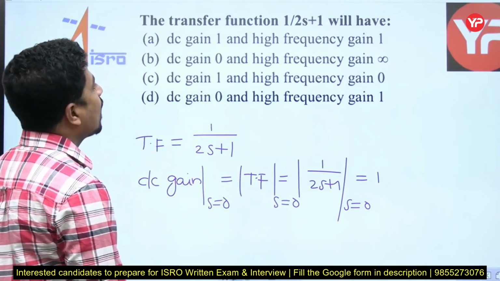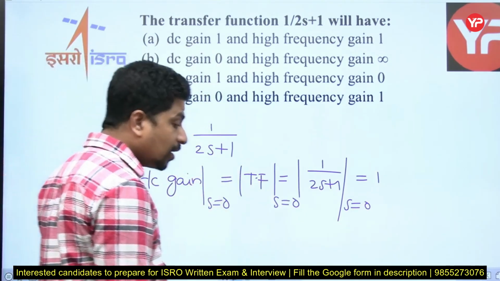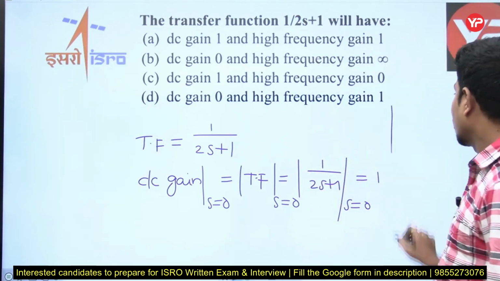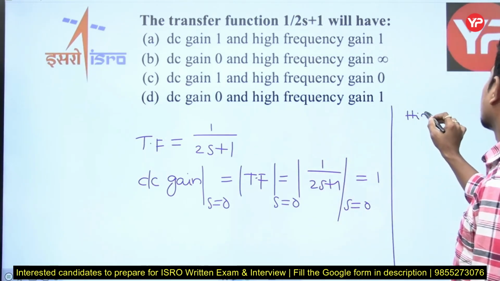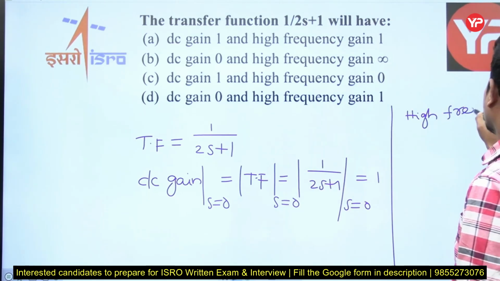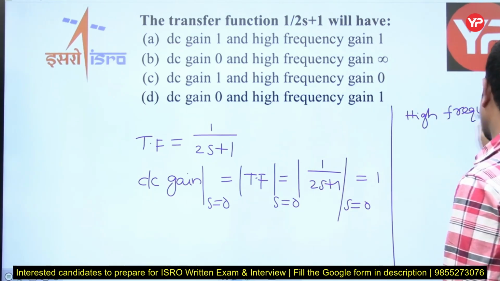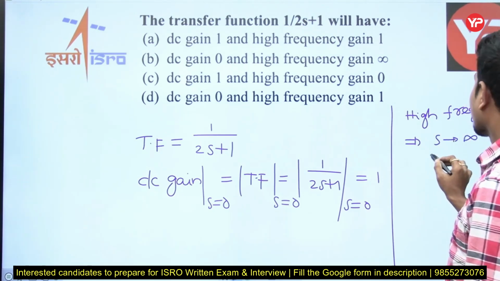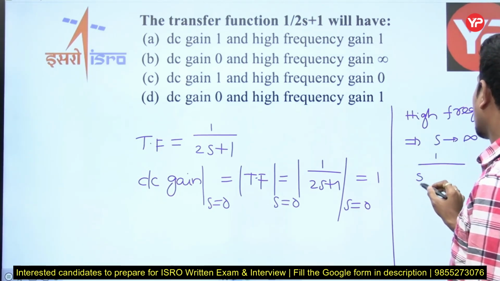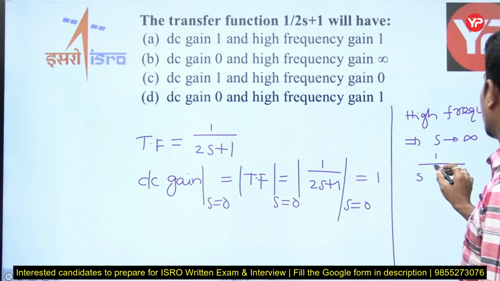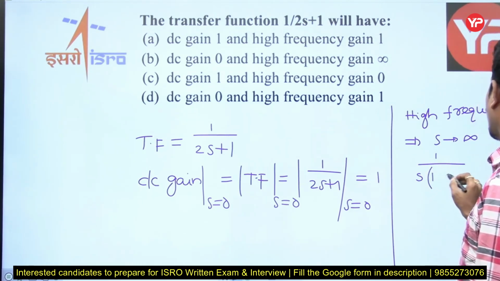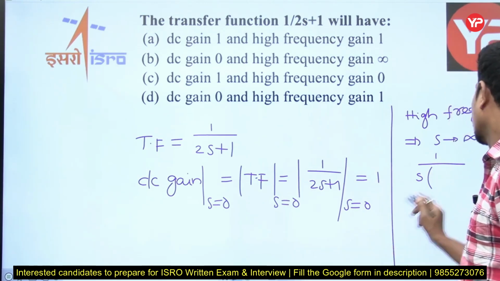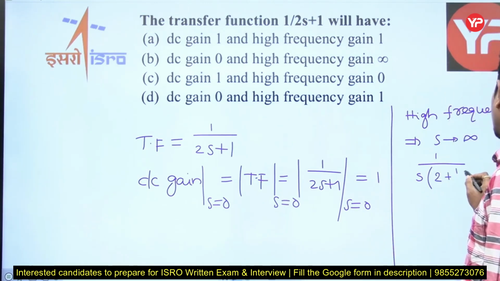And high frequency gain is asked. What is high frequency gain? High frequency means what is the highest possible frequency? That implies s is tending towards infinity. Now take s common: 1 by s into (2 plus 1 by s).